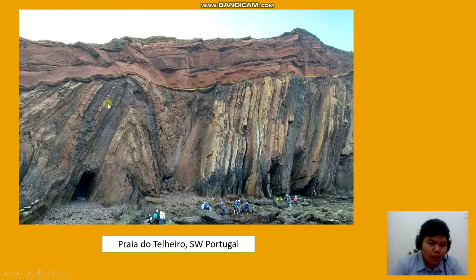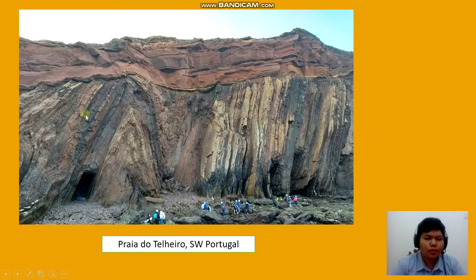So we can see many layers of the rock, right? The older one will be at the bottom of the layer, and the younger one is the layer above it, and the younger one will be above it also, and so on.